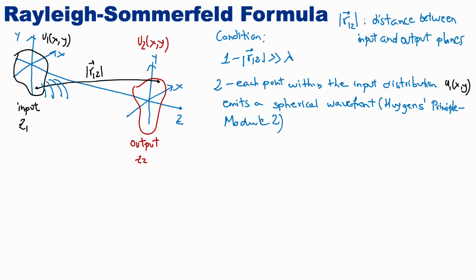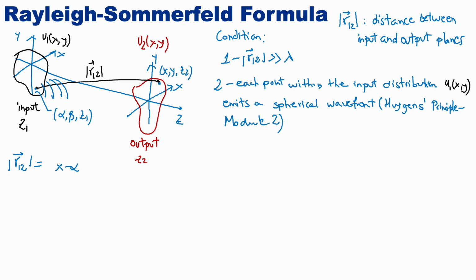Everything right now is in 3D. So if we want to know the distance between both planes, let's say that this point is at alpha, beta, c1, and the point at the output is going to be x, y, c2.